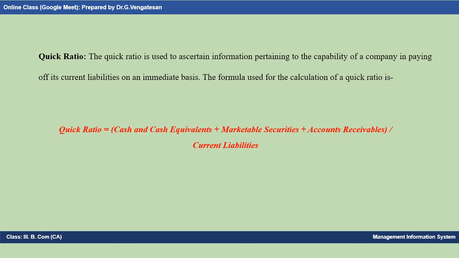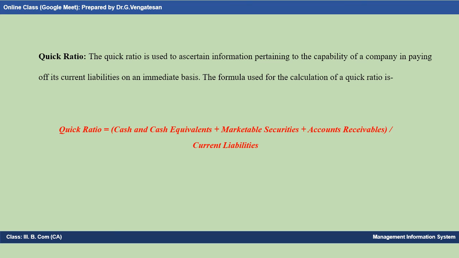And this concept is known as the quick ratio, and here the formula is quick ratio equals cash and cash equivalents plus marketable securities plus accounts receivable divided by current liabilities.